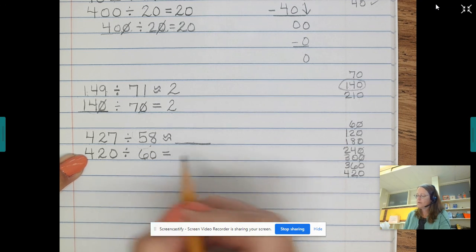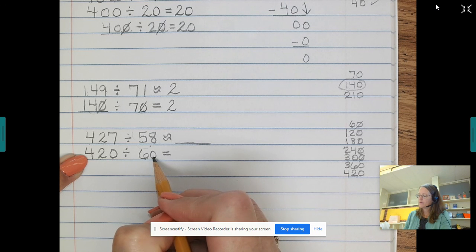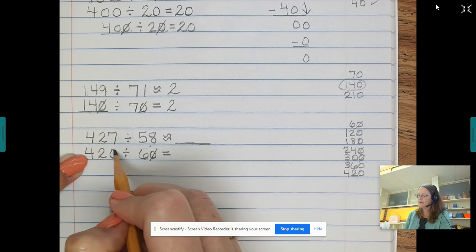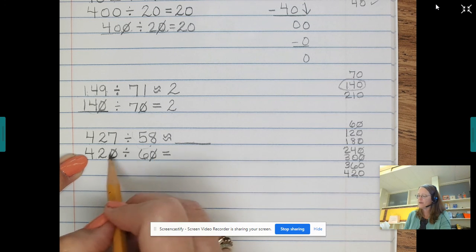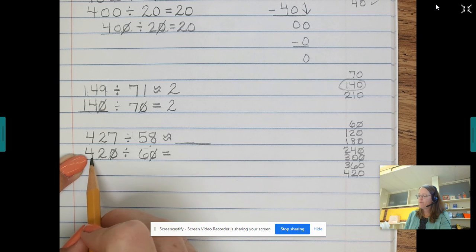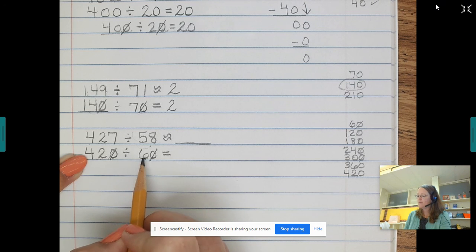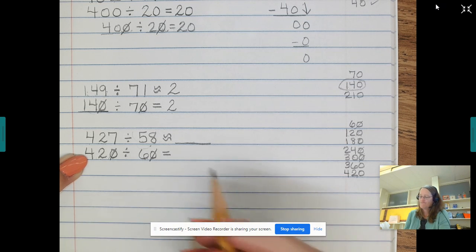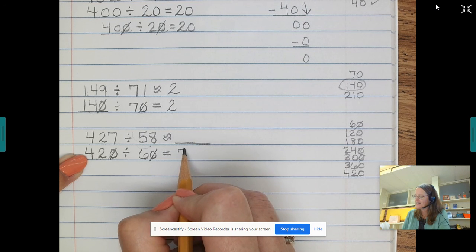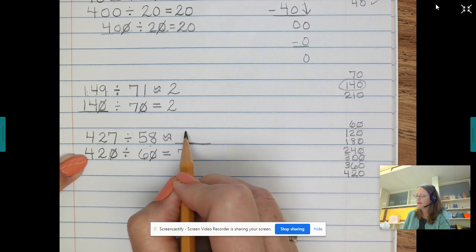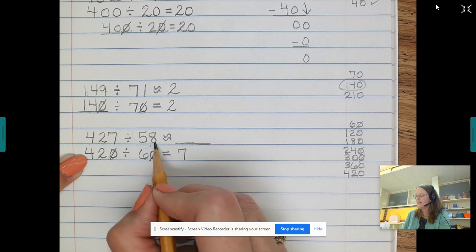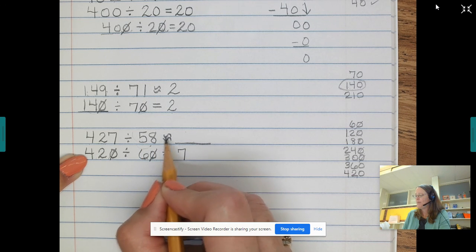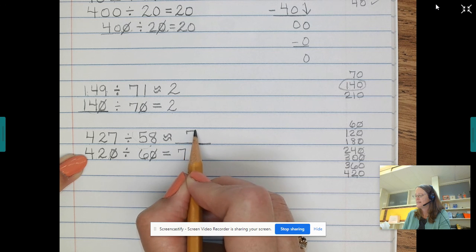Okay, so now the 0 in my divisor and the 0 in my dividend cancel each other out. It's dividing by 10, dividing by 10. 42 divided by 6 very easily is 7. So 427 divided by 58 is about 7.